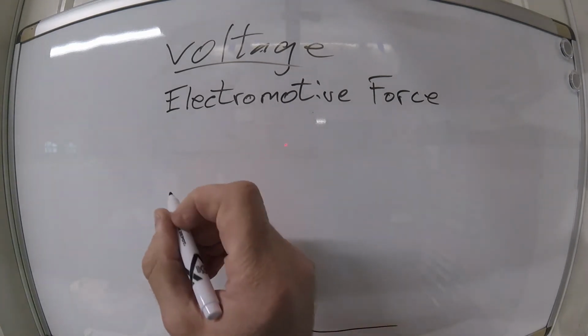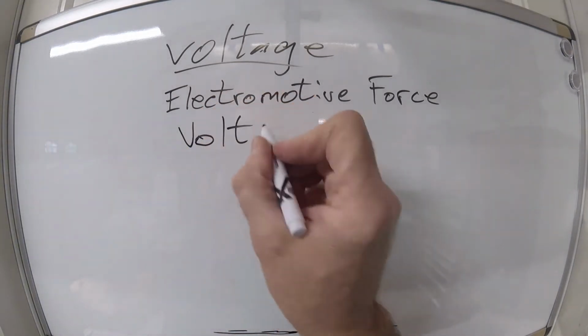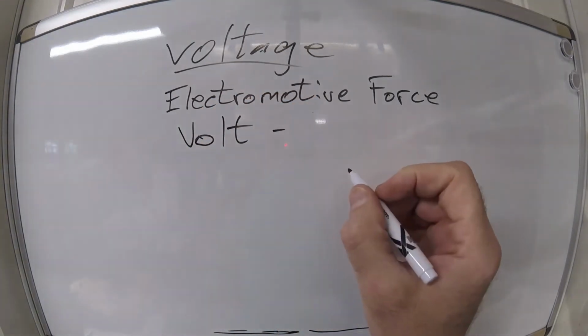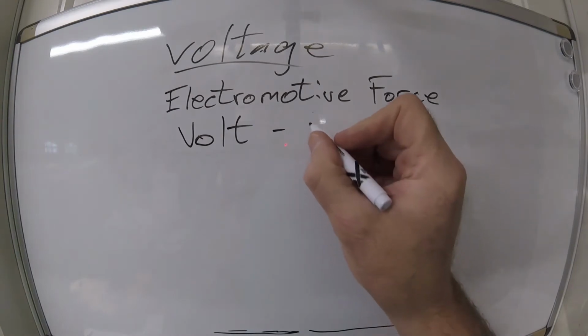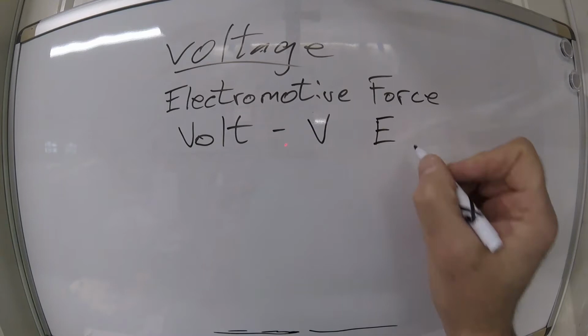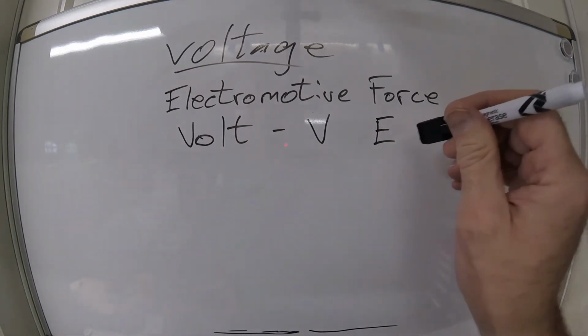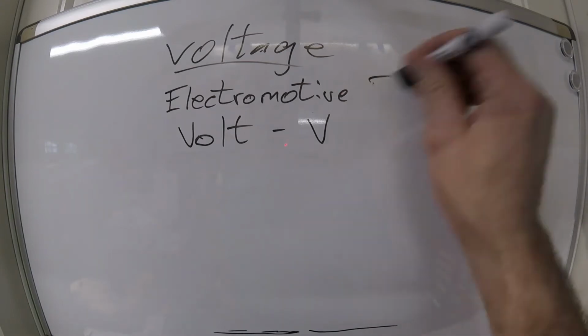The unit of measurement for voltage is the volt, and you'll usually see that abbreviated as a V or sometimes as an E for electromotive force. So that is the basic unit that is driving what we do with electricity in our vehicles.